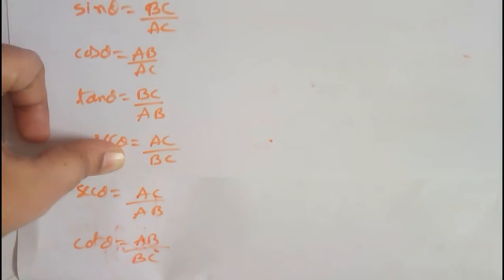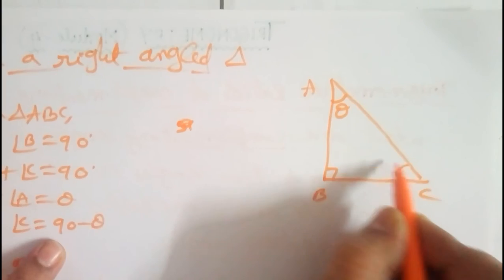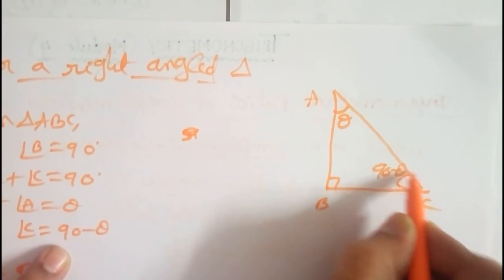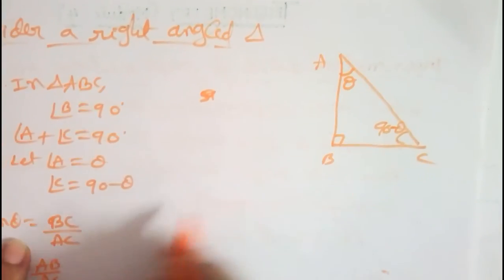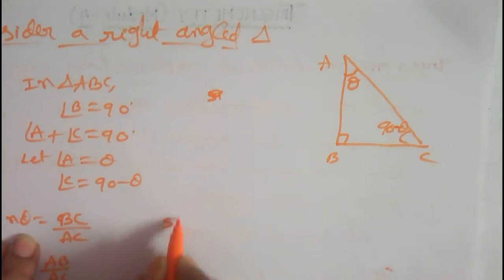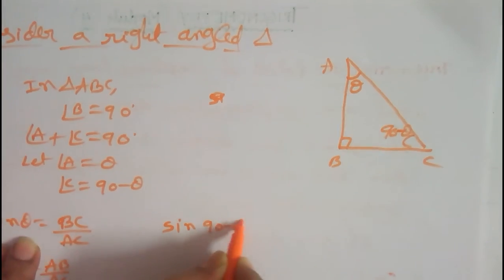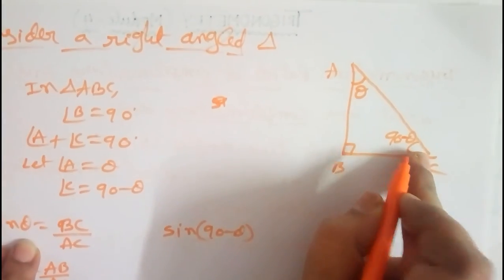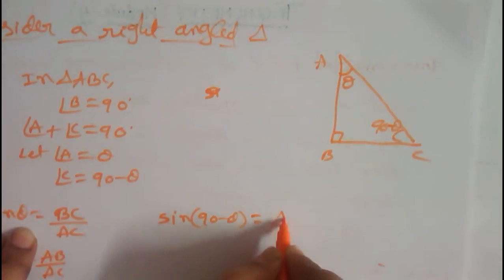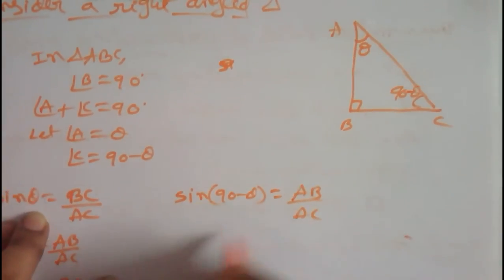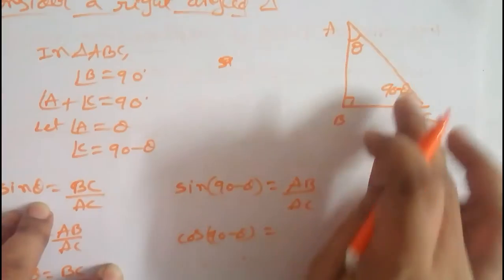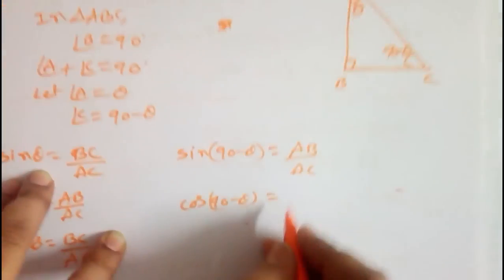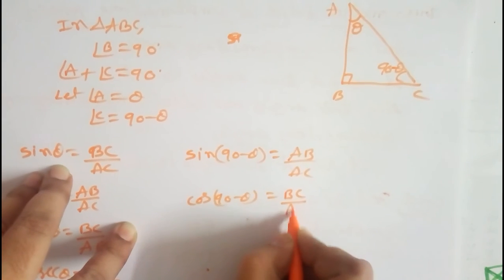Next, what is the angle C value? 90 minus theta. Now I am taking the trigonometry ratios for angle C. Sin of 90 minus theta is opposite by hypotenuse, AB by AC. Cos of 90 minus theta, adjacent by hypotenuse, BC by AC.